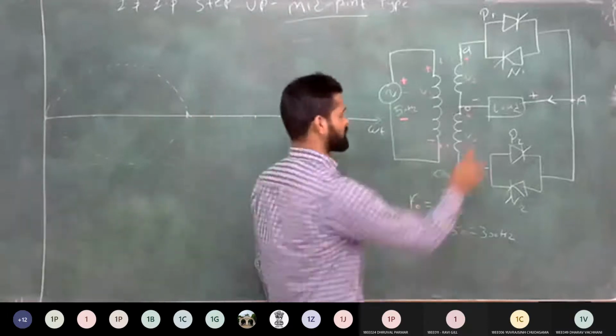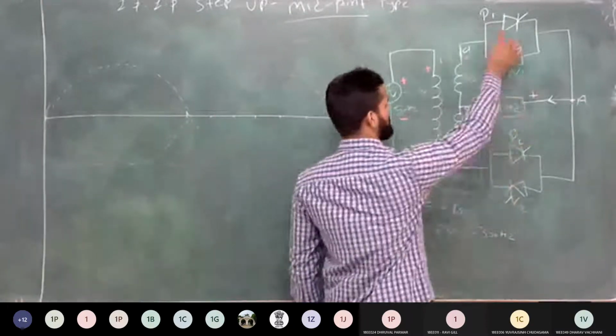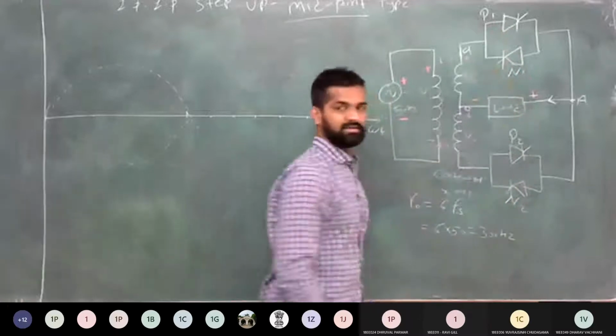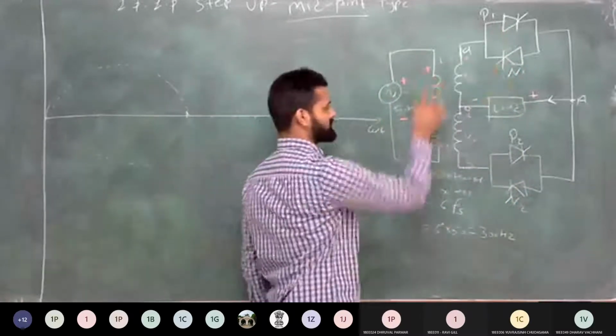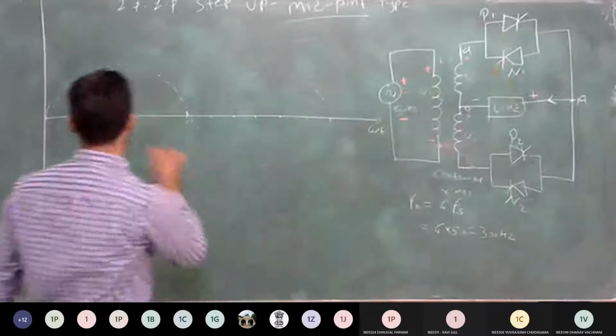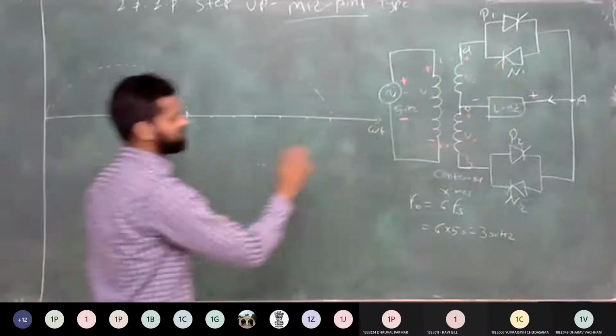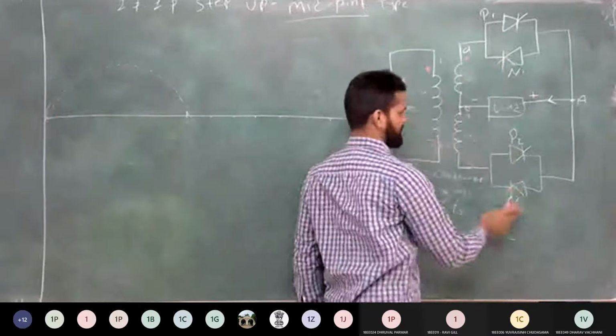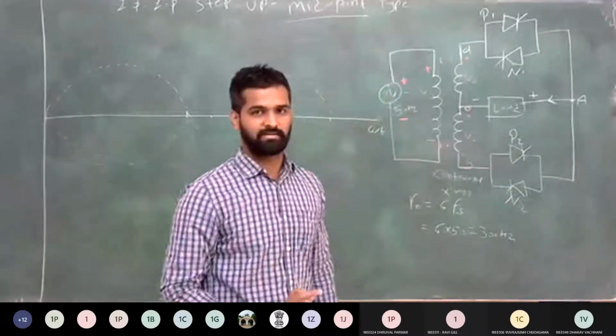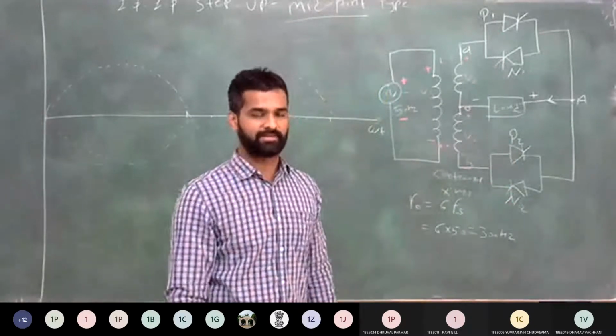So it means what? Out of these 4 thyristors, only P1 and N2 will conduct during the positive cycle of supply. But at a time, only one thyristor is conducting.